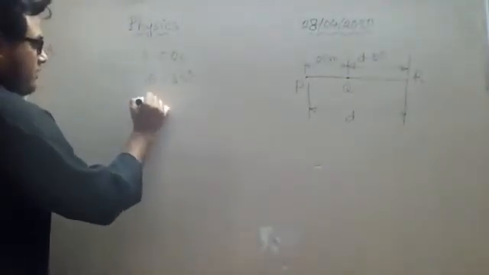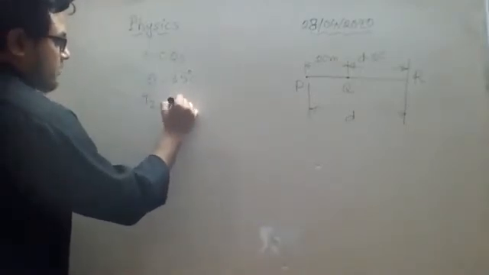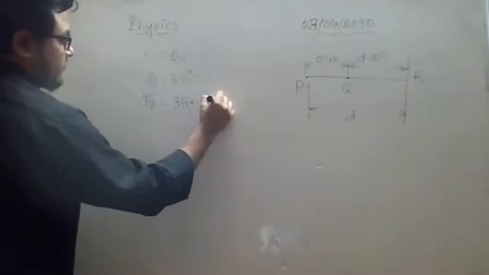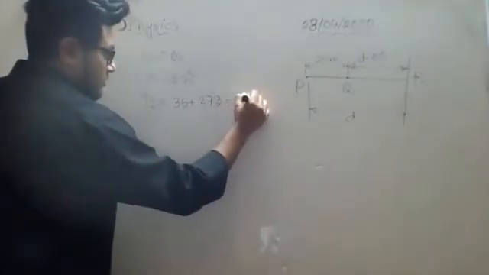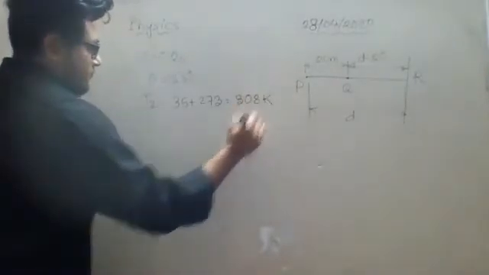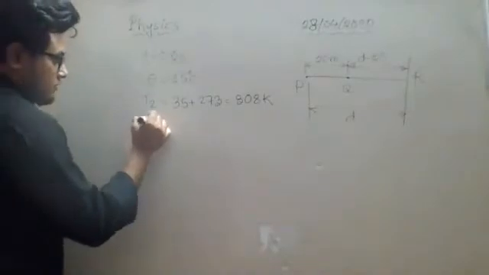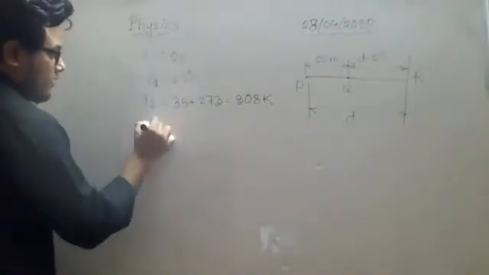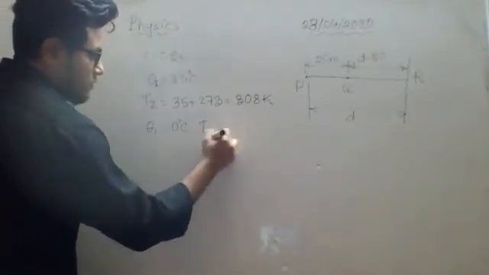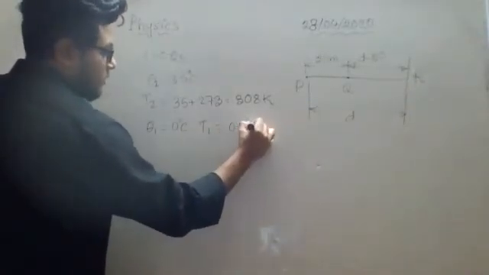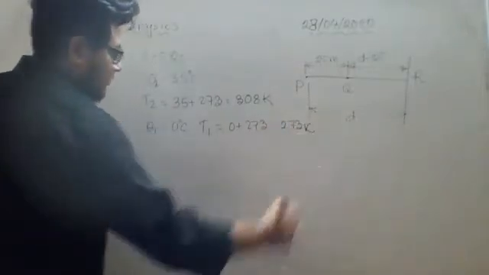From theta, I will calculate T2, that is 35 plus 273. If I convert it into Kelvin, it will be 308 Kelvin. Then at 0 degrees Celsius, this is theta 1, and T1 in Kelvin is 0 plus 273, which gives 273 Kelvin.